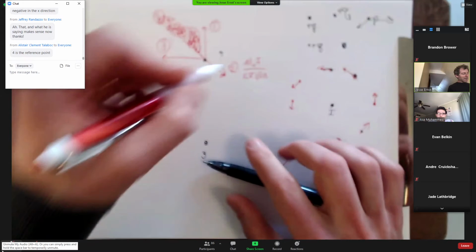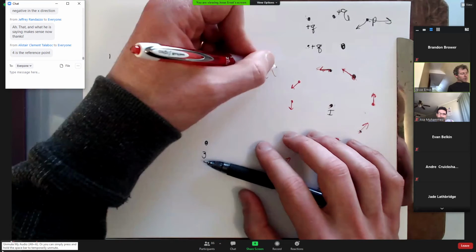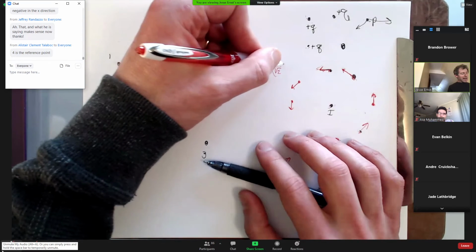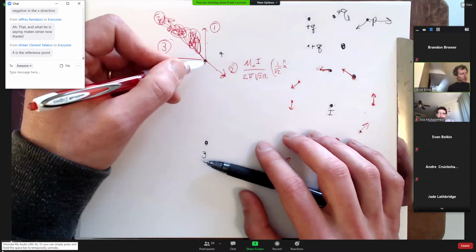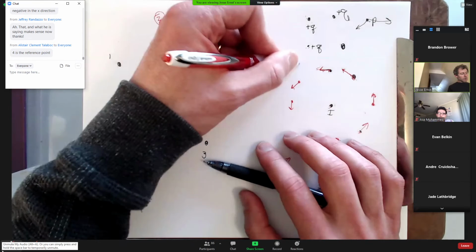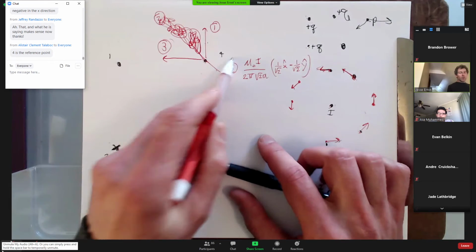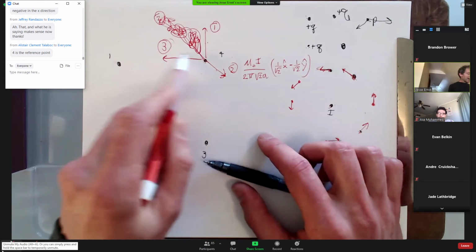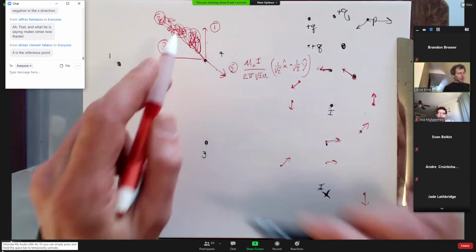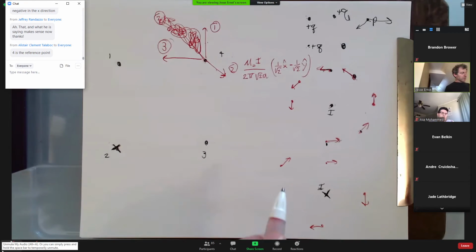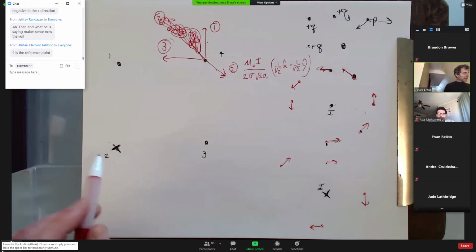And now you would have a 1 over root 2 x hat minus 1 over root 2 y hat, because now you have a positive x component and a negative y component instead of a negative x component and a positive y component. Okay, so does that answer the question?